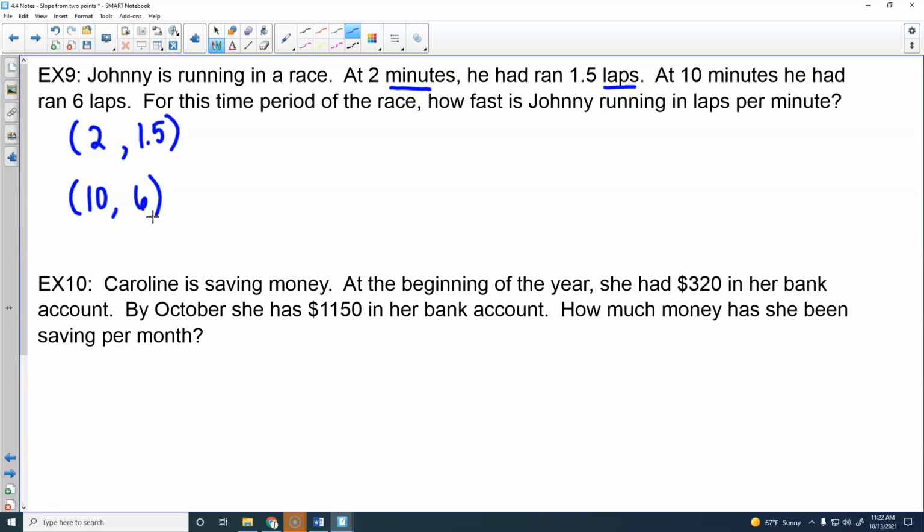So I could use the slope formula for this because this one's laps per minute. This was minutes right here. This was laps. So the y is your laps. The x is your minute. So you want slope because you want change in y over change in x, which is change in laps, because that's what we use for our y coordinate, right? Over change in minutes. So you're going to make coordinates out of your information.